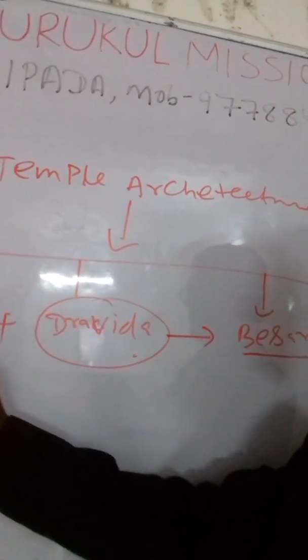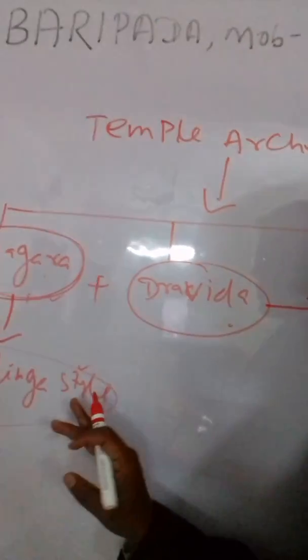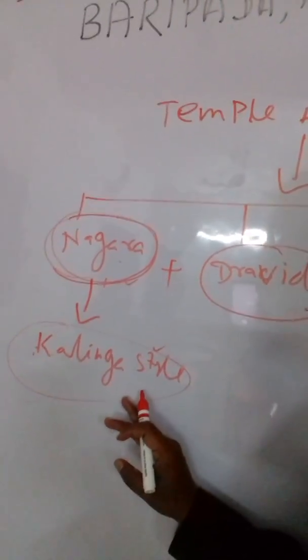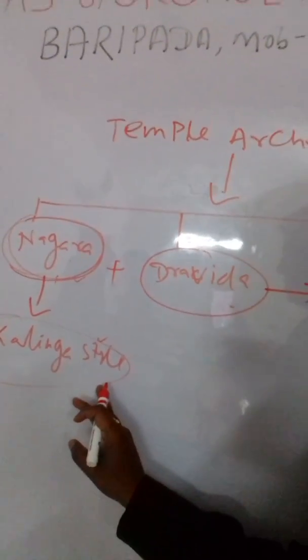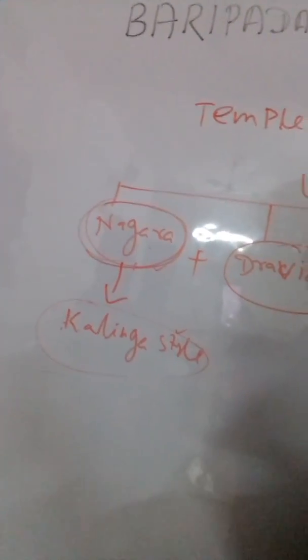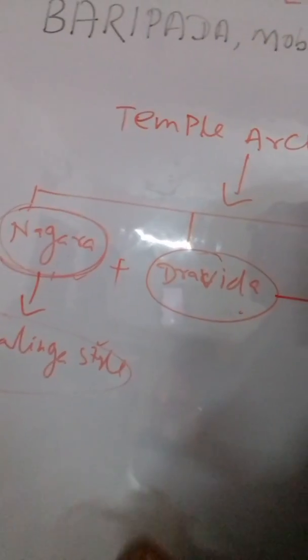So as Nagara, Dravida and Besara, according to the inscriptions of the Amruteswar temple, there is another pattern, that is the Kalinga style or Kalinga architecture. But broadly we say that this is under the Nagara pattern of temple architecture.